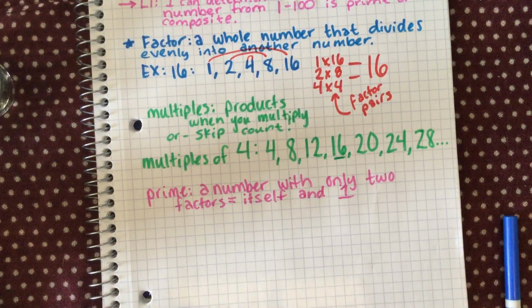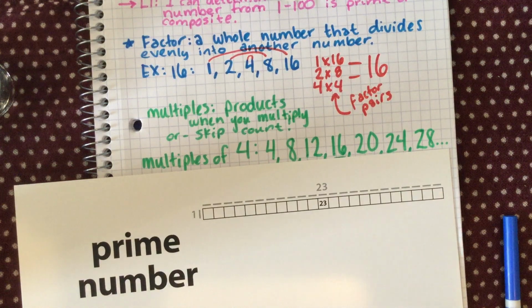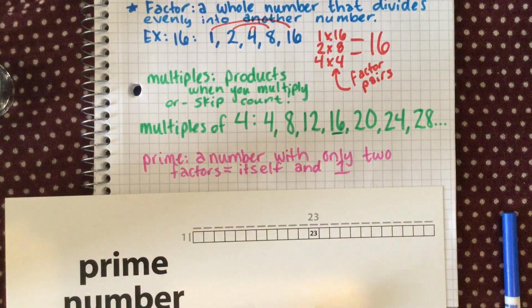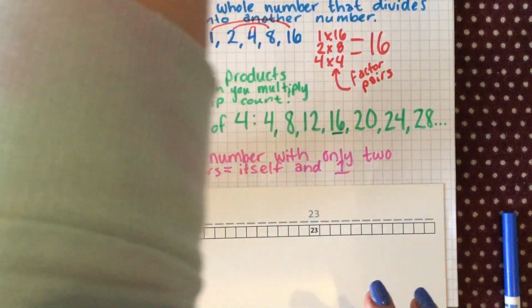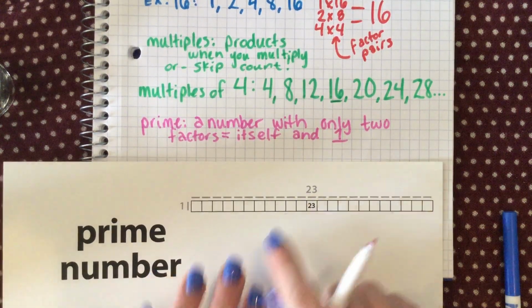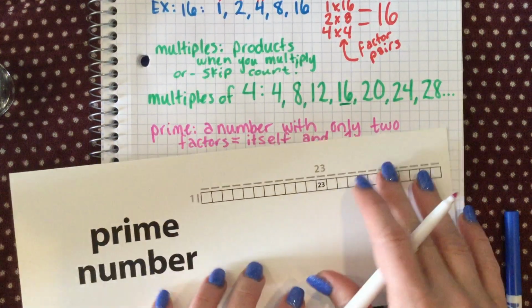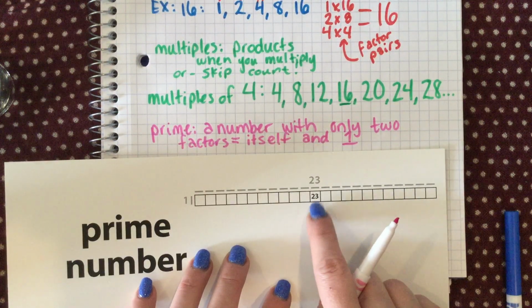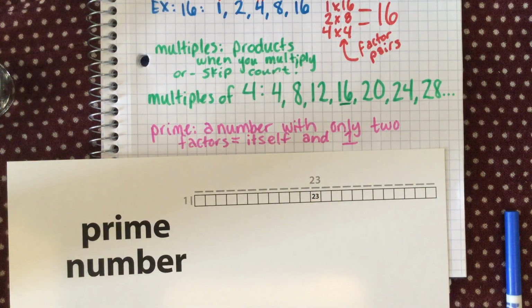So for example, 23. Think of the number 23. Can you divide 23 by anything other than 1? You sure can't, because 23 is a prime number. What are some other numbers between 1 and 100 that can only be divided by the number itself and 1?